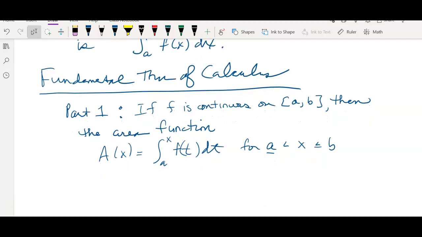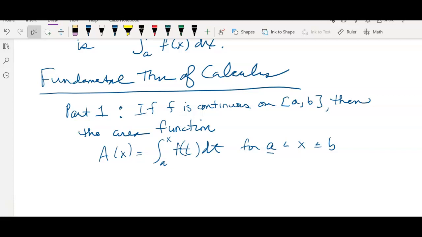So now this is another relationship. The area function is defined as this. This first part of the fundamental theorem of calculus takes our area function and relates it back to the derivative.